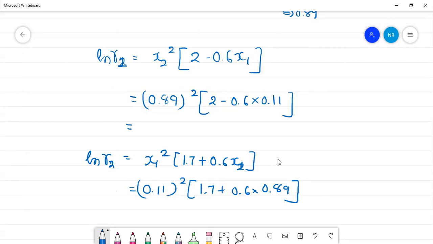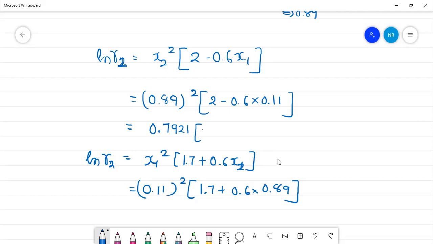Zero 0.89 is to 2. So 0.79 to 1 is 0.6 multiplied by 0.11.